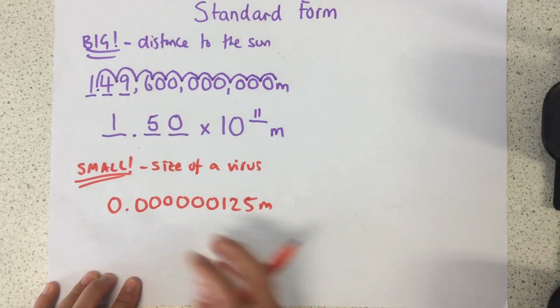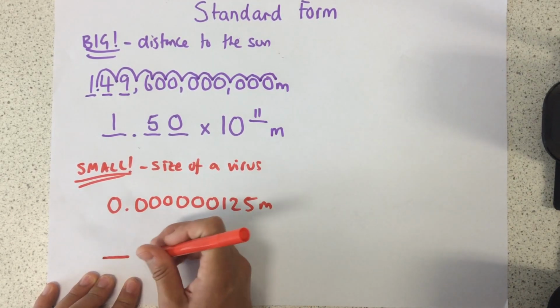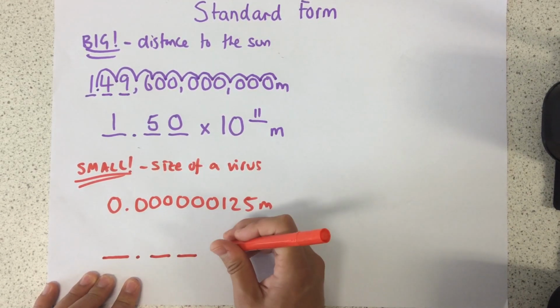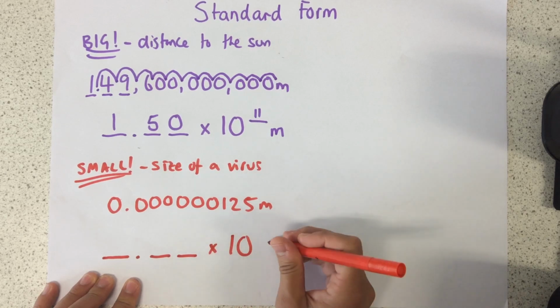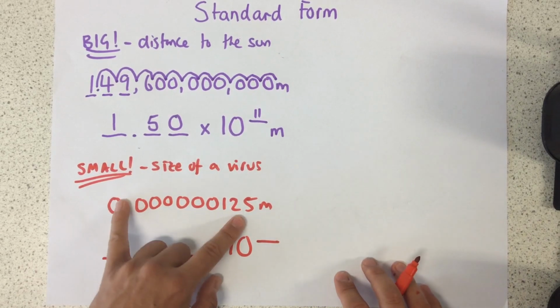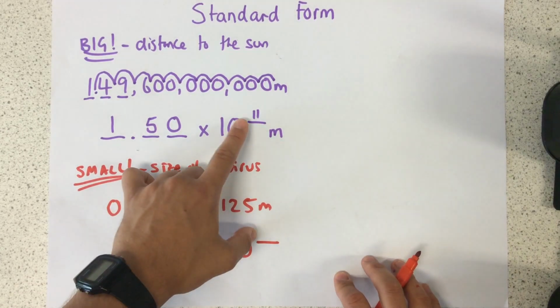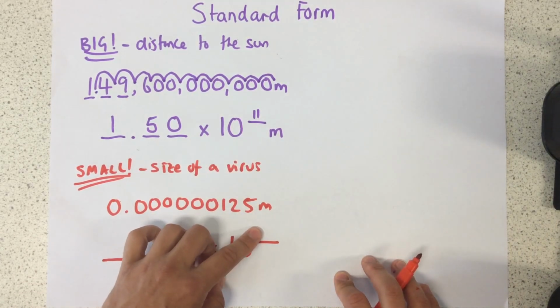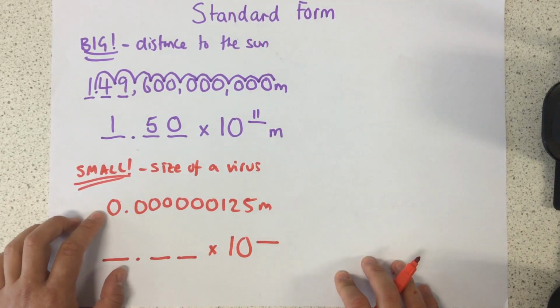So we've got the same kind of format this time. We have something, point something, something, times 10 to the something. Now, because it's a tiny number, the big difference is we're going to have a minus number here, and I'll show you what I mean in a minute.